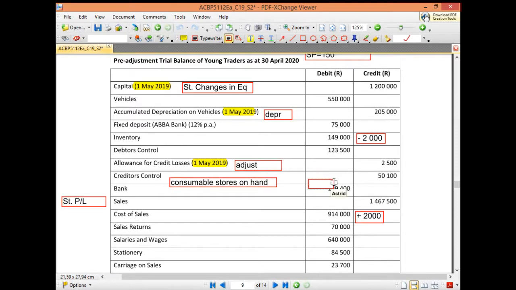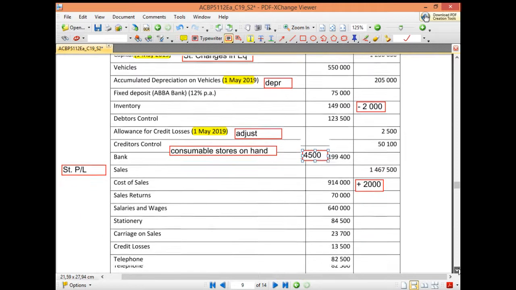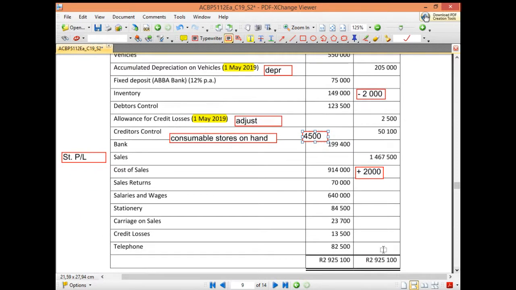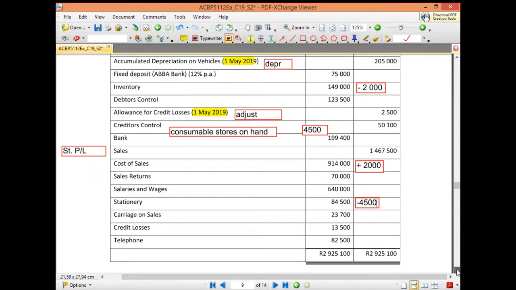So that would have been 4,500 that you include here on the debit side. But if I include it under consumable stores on hand, it means I need to deduct it here from the stationery amount by reducing it by 4,500 Rand. Okay, so that is what that means.